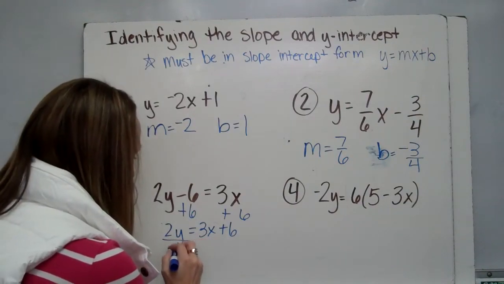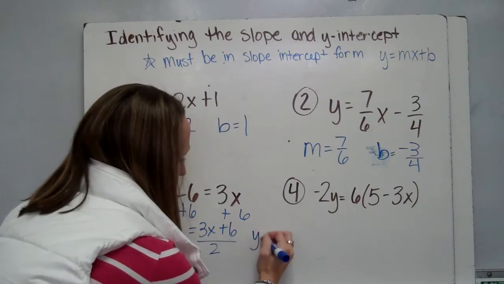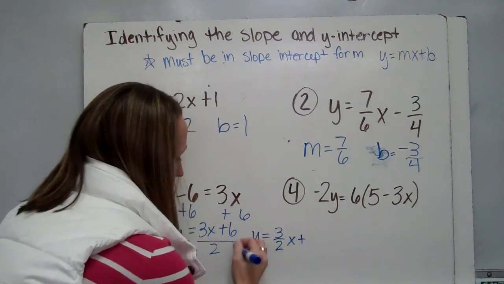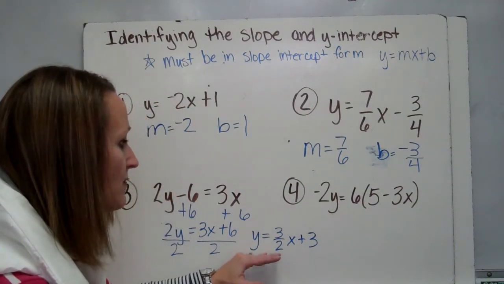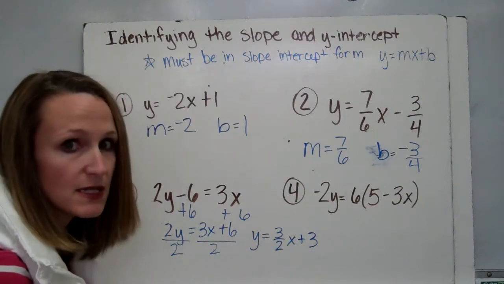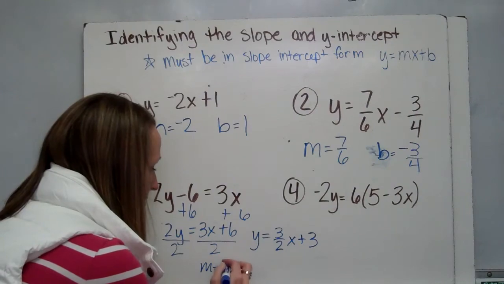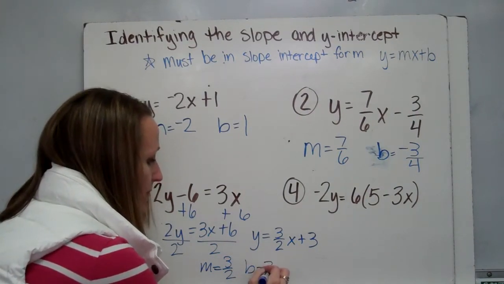I'm going to divide everything by 2 so that my new equation is y equals 3/2 x plus 6 divided by 2, which is 3. So now I can identify my m and my b because it is in y equals mx plus b. So I know that my m equals 3/2 and my b equals 3.